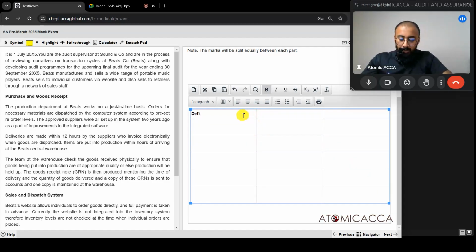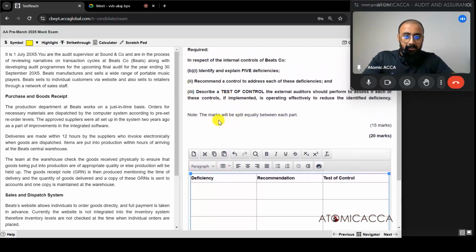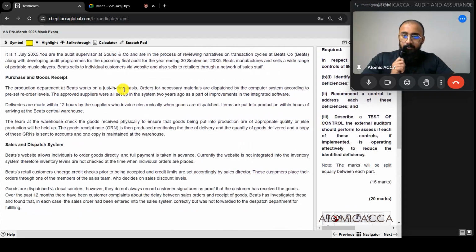First one will be about deficiency. Next one is about recommendation. Next one is about test of control. So 1 2 3 4 5 issues we need to find, and that is it. So that's totally 15 marks. So let's start reading the case study.